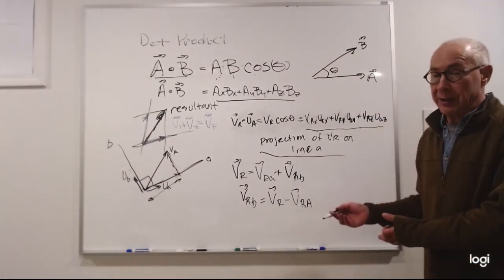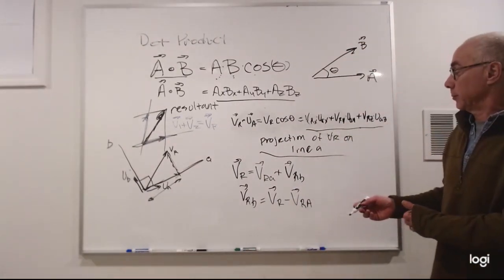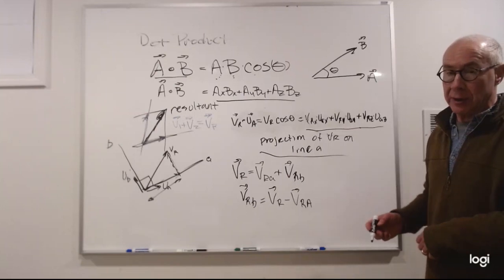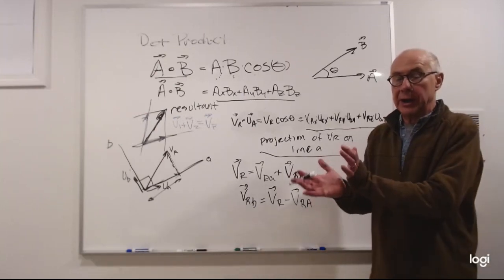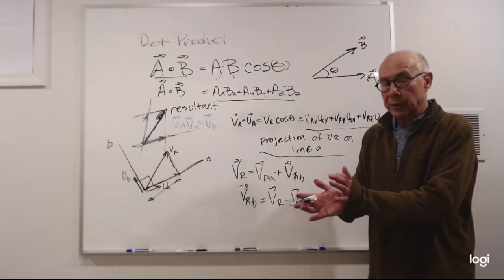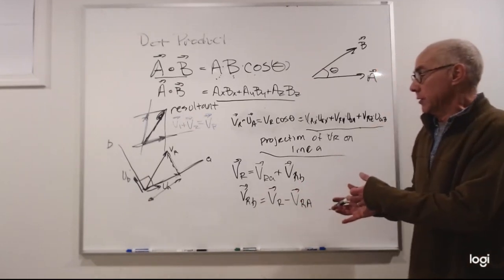So in doing this, what we've done is we found the components for lines that are at right angles. It's a particular form which is advantageous.